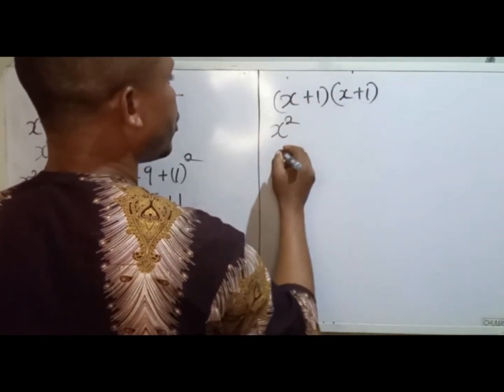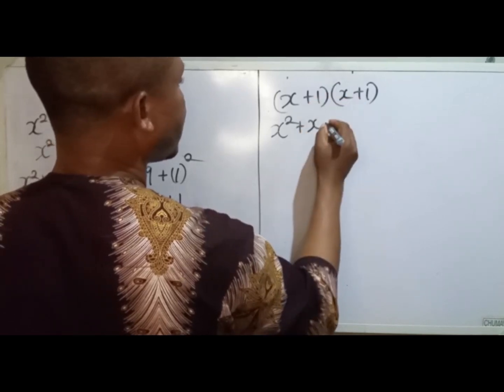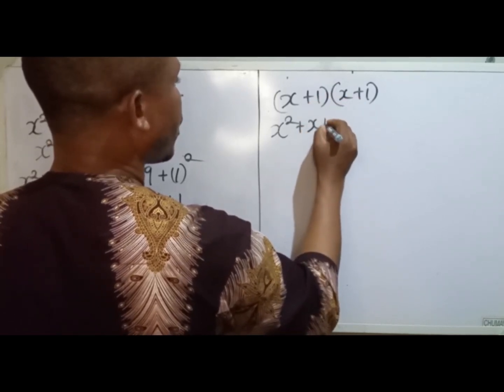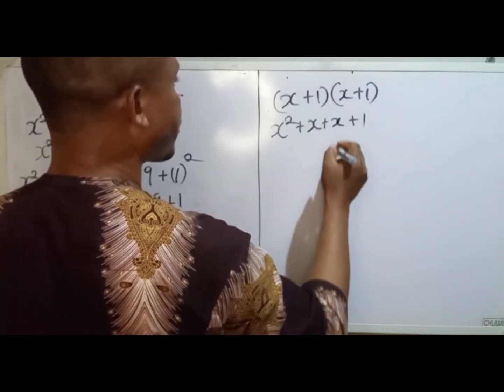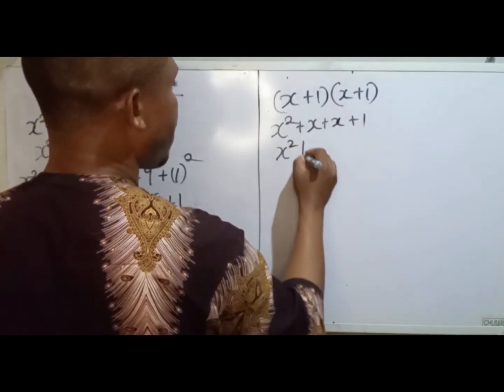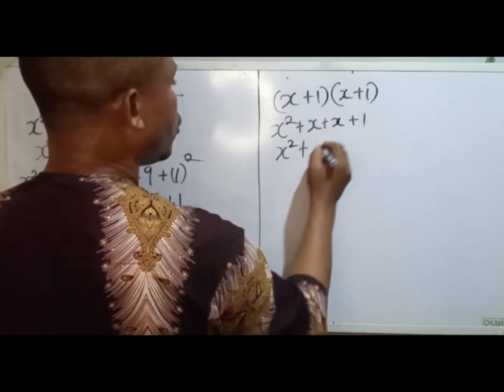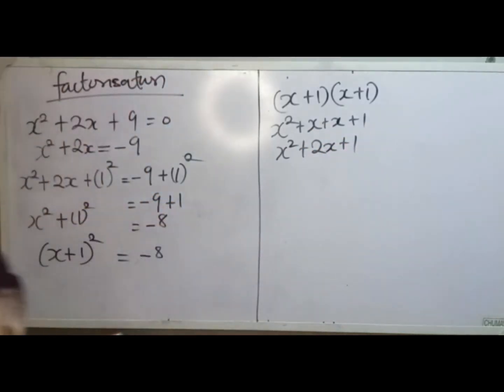X times 1 is going to give you x. 1 times x is going to give you x. 1 times 1 is going to give you 1. So now let's see what happens. X squared plus 2x plus 1. That's what we're having.